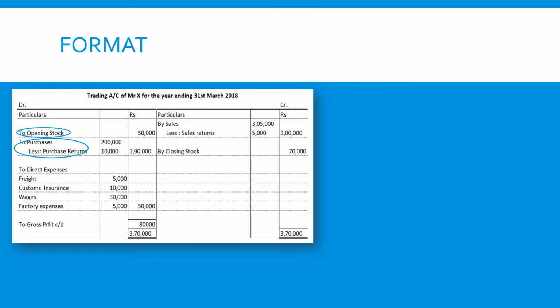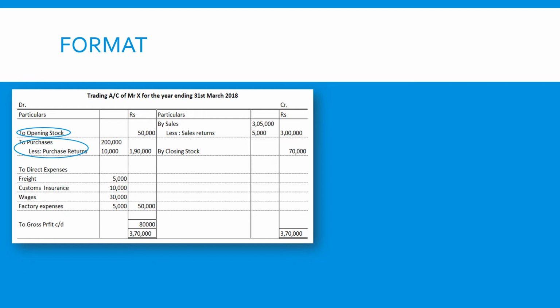Supposing I am into a cloth store, and I have my opening stock, and my festival season is coming up, and I bought new stock, and within that new stock I found a few damages. I have an agreement with the manufacturer that if there are any damages to these clothes, then I will be returning them.